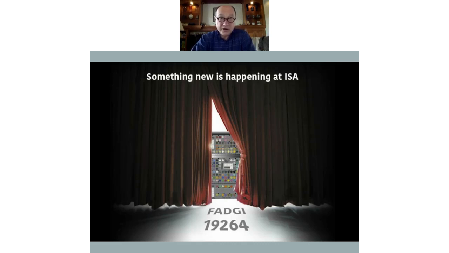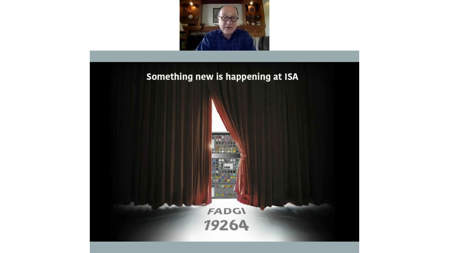We can measure a number of different performance metrics for digital imaging. When I first showed this to somebody, they were looking for the dancing troupe to come out. So this is just a static image for now, and we'll start with some background on what FADGI is, what 19264 is also.